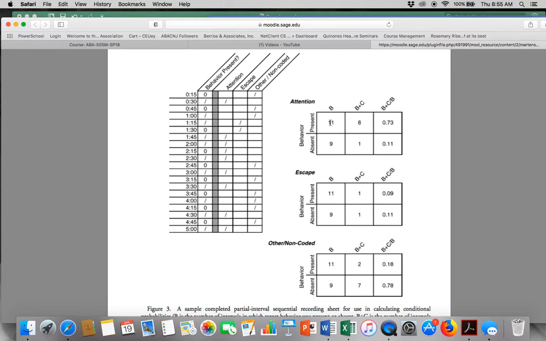So the next step is to complete this equation. All you're doing is taking this number here, B and C, so the 8, and dividing it by 11 to get your probability. When you do that, you get 0.73.